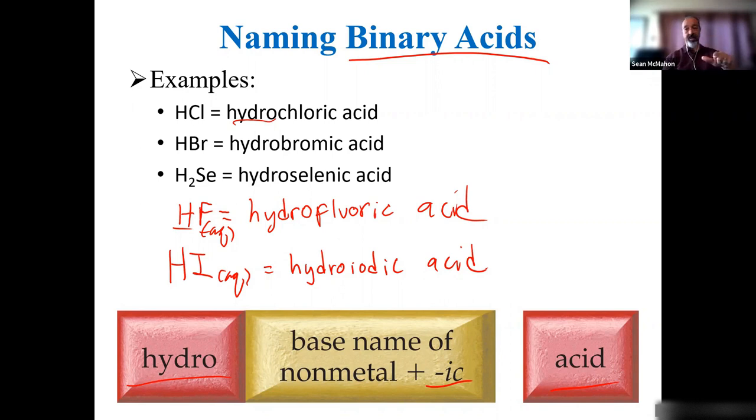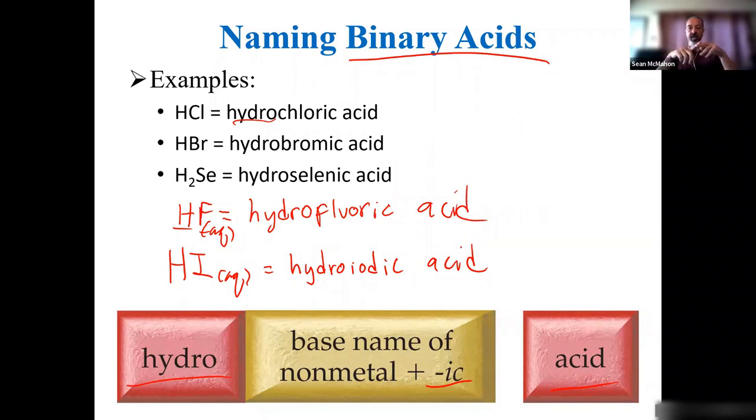I know that was a doozy, but in this lecture, we covered the differences between ionic and covalent compounds. Ionic, metal, non-metal, a complete electron transfer. One loses, one gains. That's why we have charges. Metals are cations, positively charged. Non-metals are anions, negatively charged. Covalent compounds, no complete electron transfer.